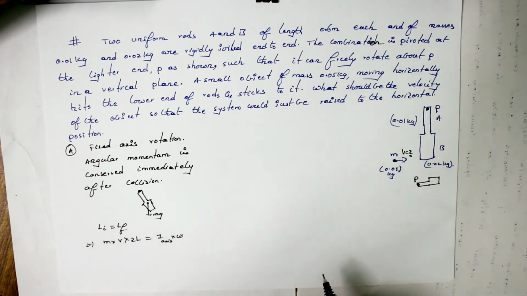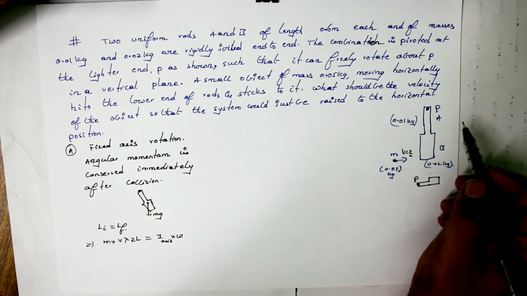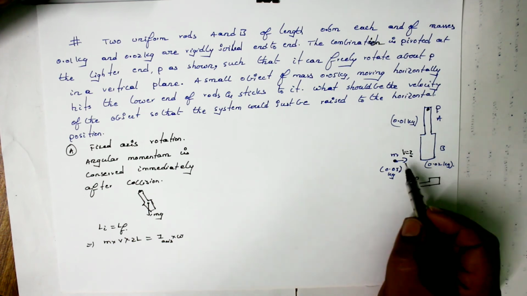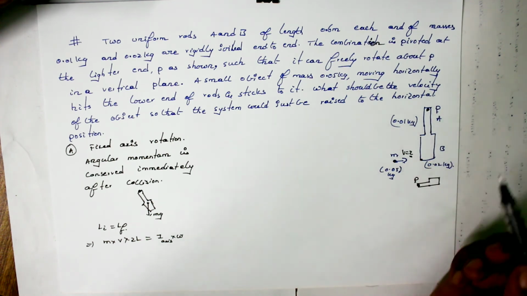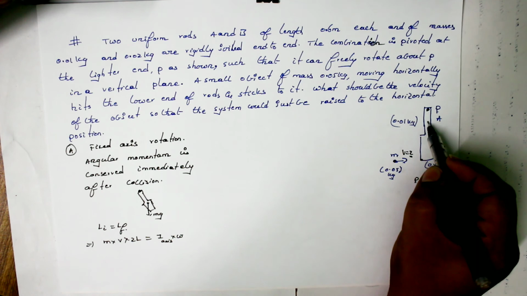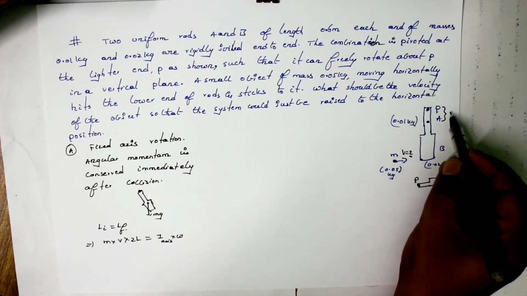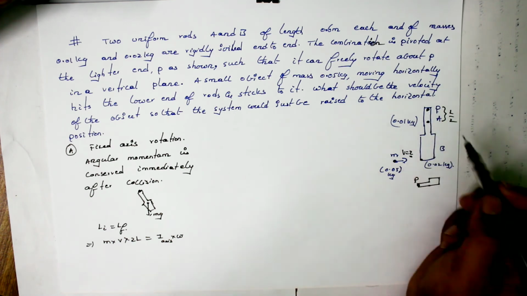about this axis. Now about this axis after collision, how many masses will have angular momentum? This mass is going and sticking with this one, so it also will have angular momentum about this axis. Similarly, the first rod, whose center of mass is located at a distance of L by 2, also has angular momentum about this point.